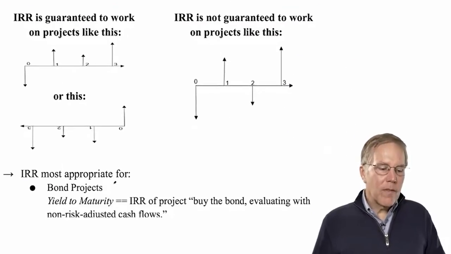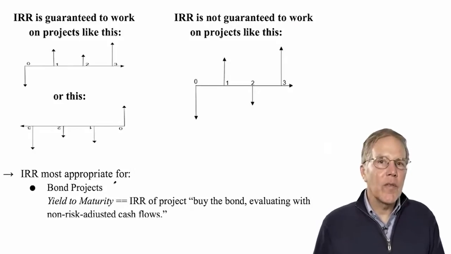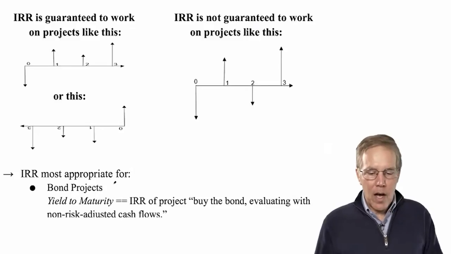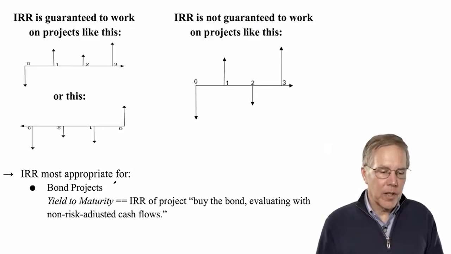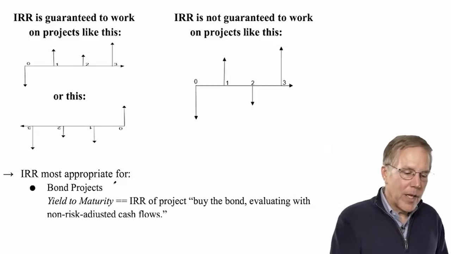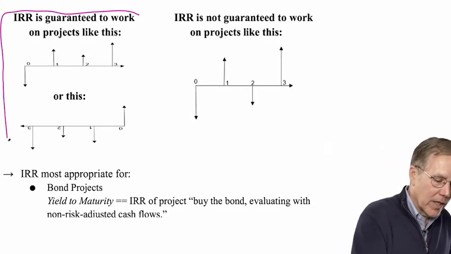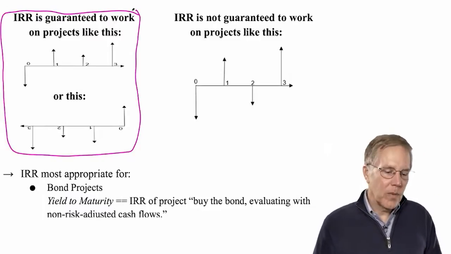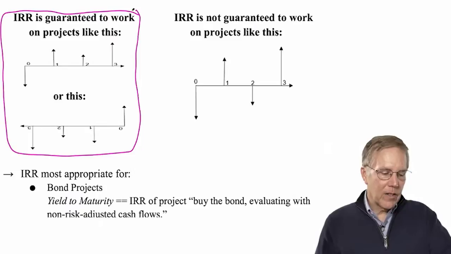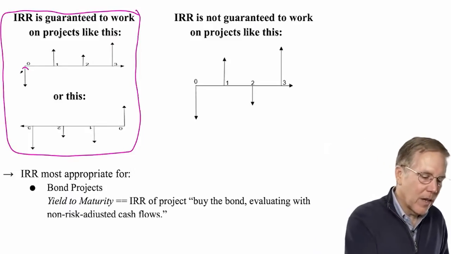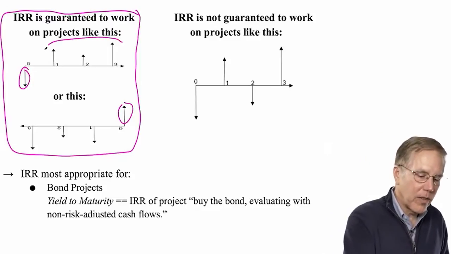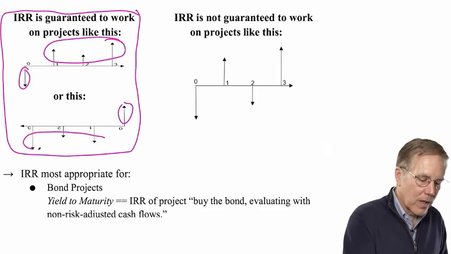Okay, so graphically, the mathematicians of the world have done some great things for us, which we can think about vis-a-vis the graphics on this particular page. If we have projects looking like this or like this, what are the characteristics of this project? Except for a cash flow at, say, t equals 0, or at the very end of the project, all of the cash flows are either positive or negative.